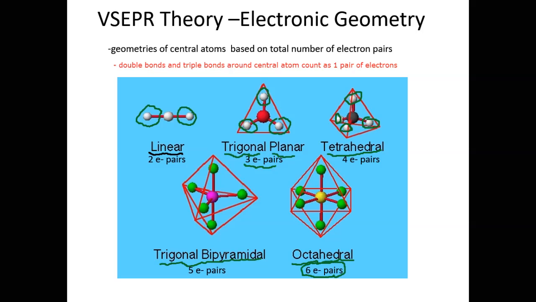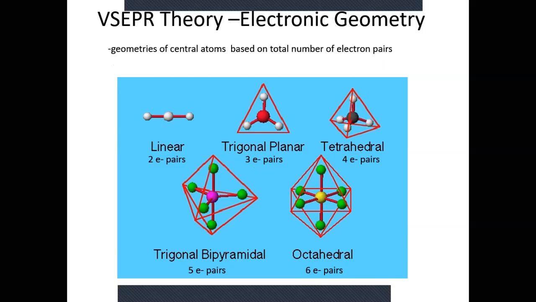You need to know these electronic geometries in order to assign them correctly. When you're reading a question, make sure that you read it carefully. Does it specify electronic geometry or molecular geometry? Because those can be a little bit different depending on the structure. We'll talk about molecular geometry in a little bit.